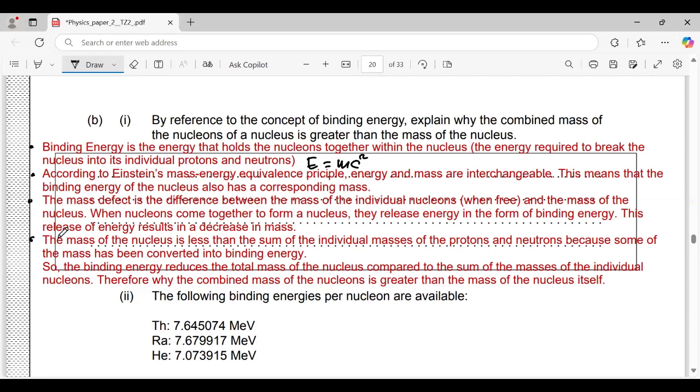And the fourth, the mass of the nucleus is less than the sum of the individual masses of the protons and neutrons because some of the mass has been converted into binding energy. So based on those four pieces of information, my summary: the binding energy reduces the total mass of the nucleus compared to the sum of the masses of the individual nucleons. Therefore, the combined mass of the nucleons is greater than the mass of the nucleus itself.